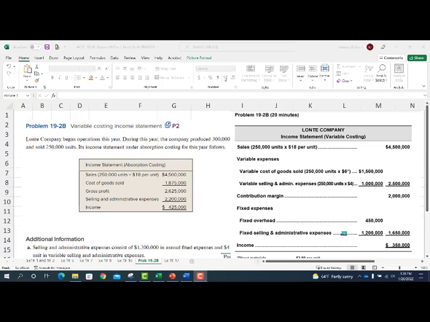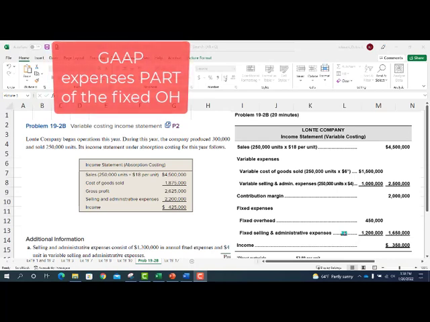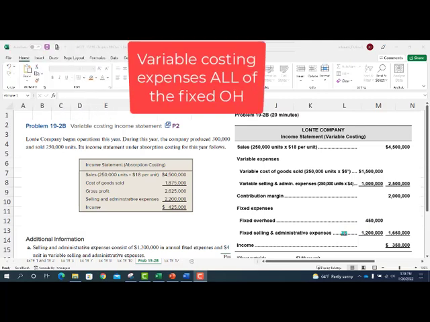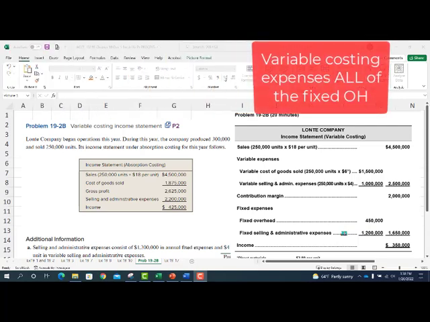So on the left is the old method, on the right is the new method. The main difference between these two statements is how the fixed overhead is treated. GAAP expenses part of the overhead based on how many units are sold. The variable costing expenses 100% of the fixed overhead.